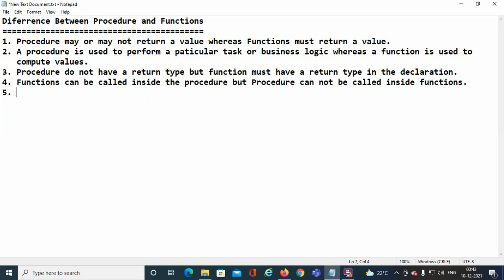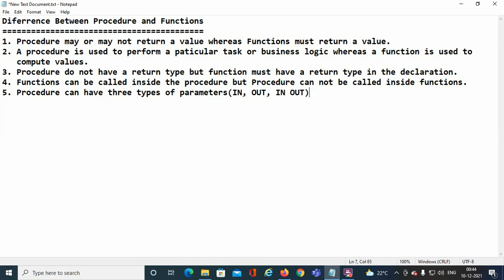Number 5, an important difference, is that a procedure can have three types of parameters: IN, OUT, and IN OUT.